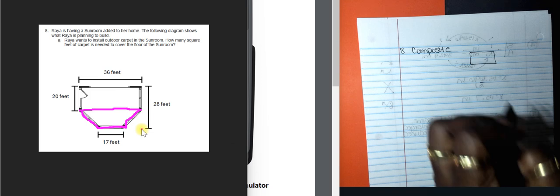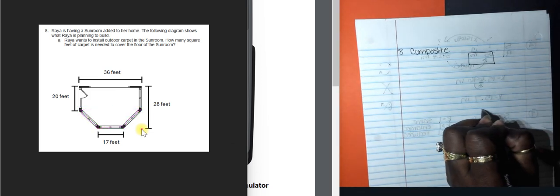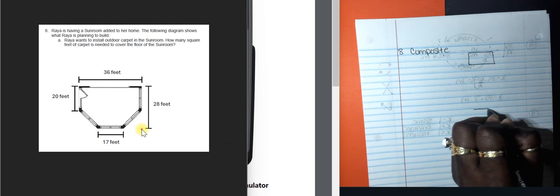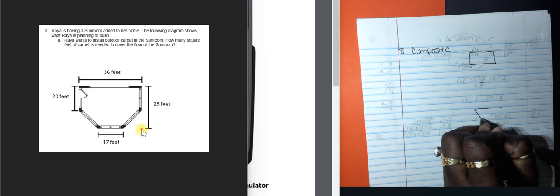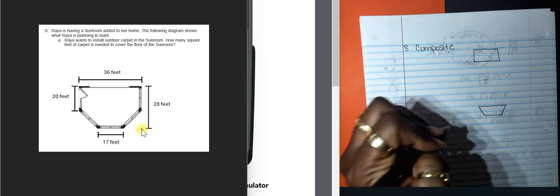Ooh, that's horrible, but okay, so that is our trapezoid. I'll put that down here. All right, so those are the two shapes that we have, the rectangle and the trapezoid.